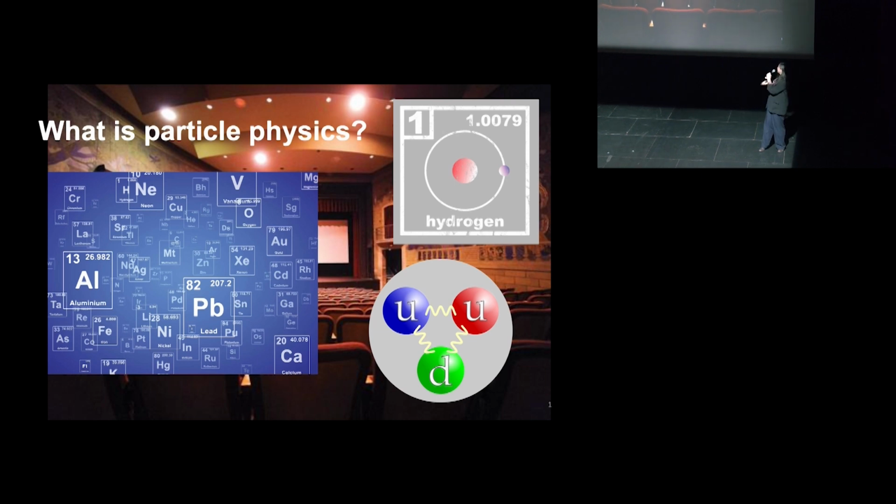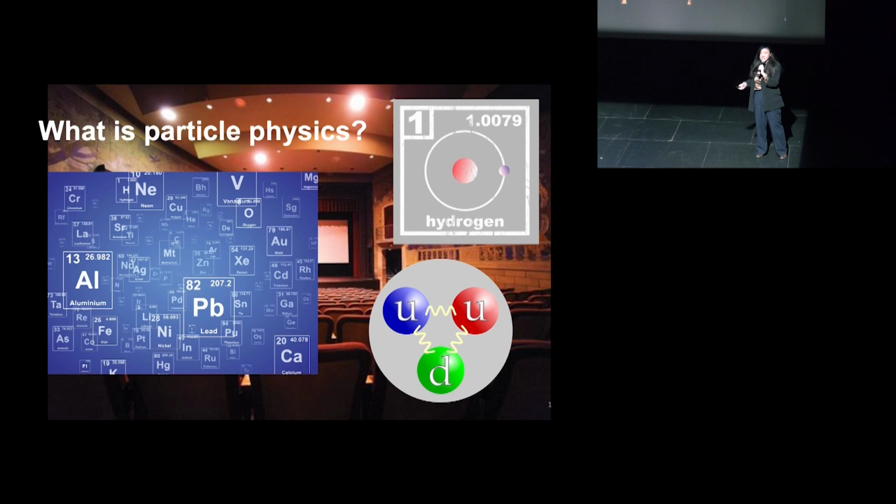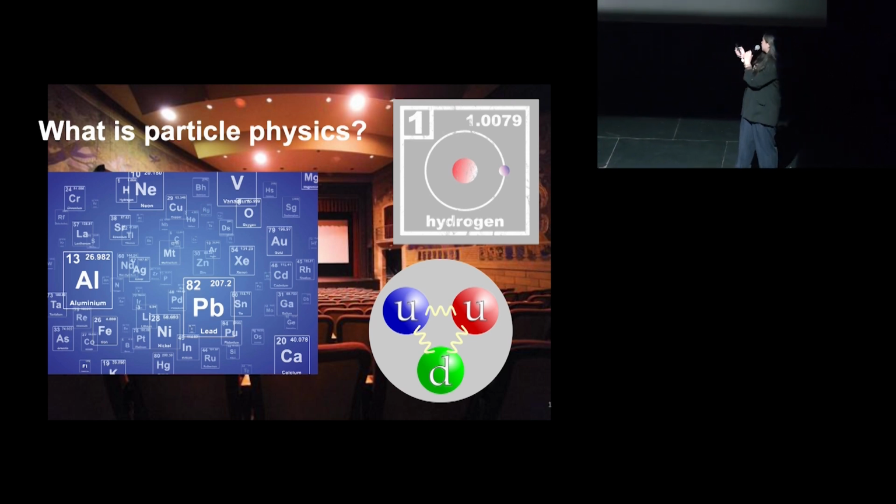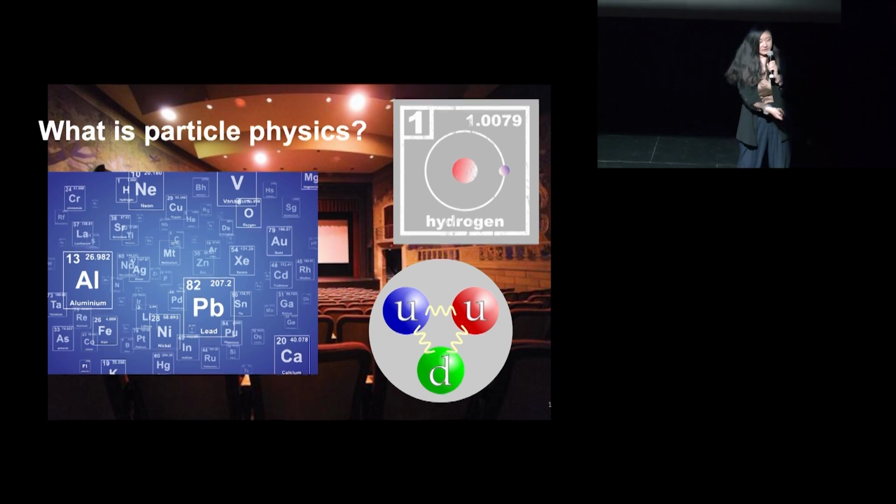In the 1900s, people realized that all the elements that define the periodic table make up the world around us. But what's in that element? We realized in the late 1800s and 1900s that there's a nucleus and electrons orbiting around the nucleus.